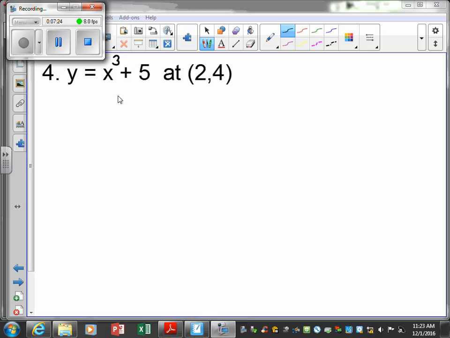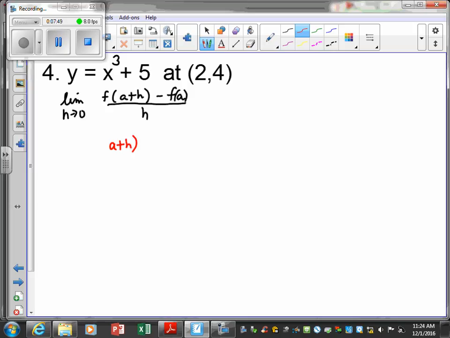Same directions, find the slope, and then find the equation of the tangent line at the point 2, 4. Alright, the first thing we want to do is evaluate f of a plus h. So if we plug a plus h in everywhere there's an x in our function, what would that give us?